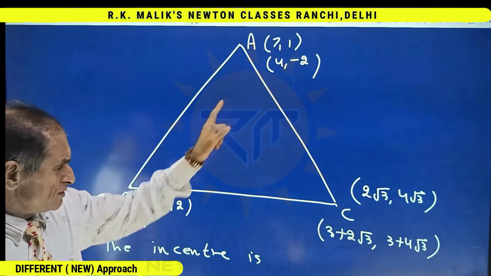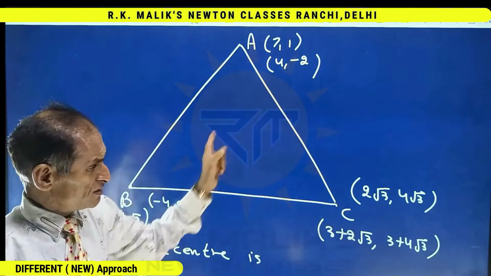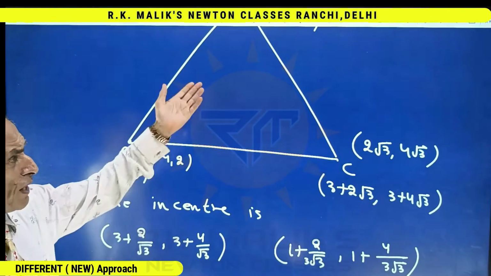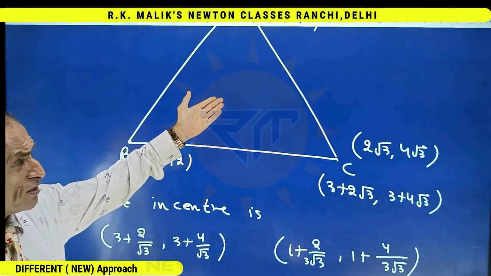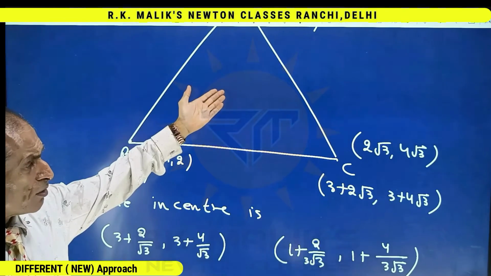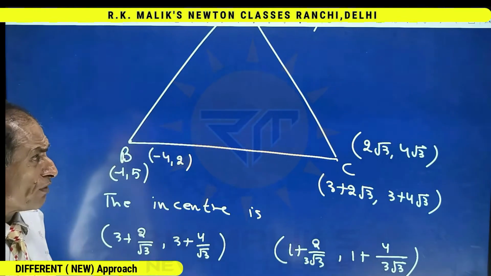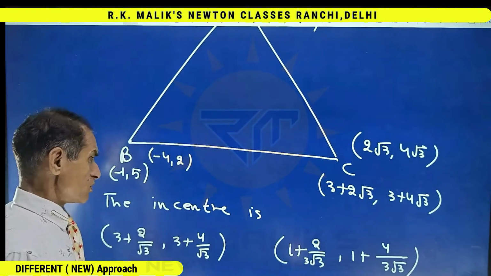Isn't it? It is a bit easier to deal with these coordinates. And to get back the original coordinates of the incenter, we'll be adding the point (3, 3) to the x coordinate, y coordinate of the new coordinates.